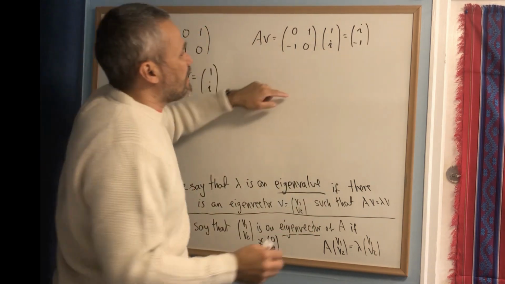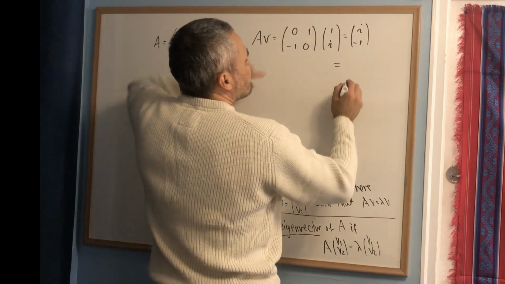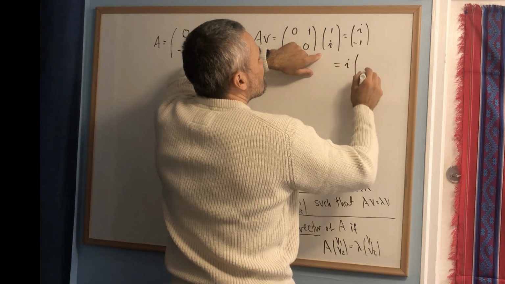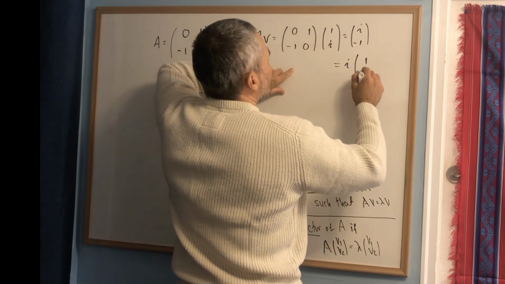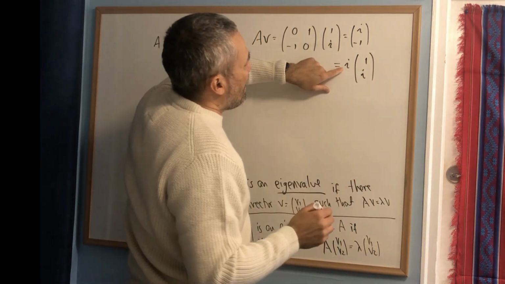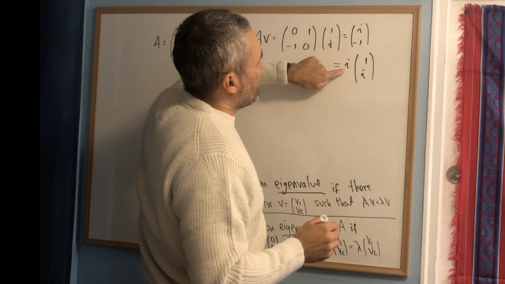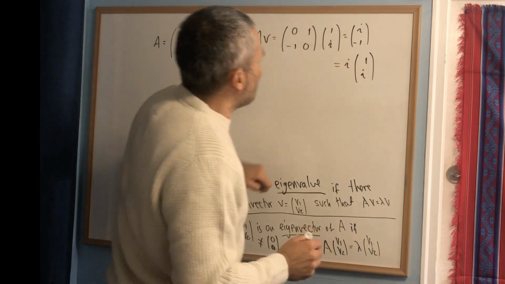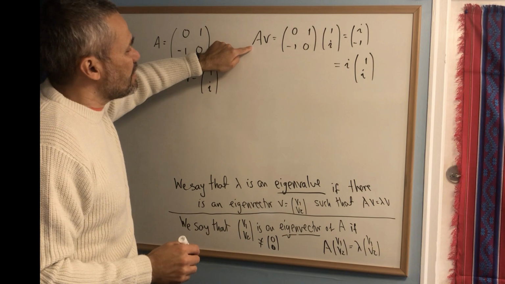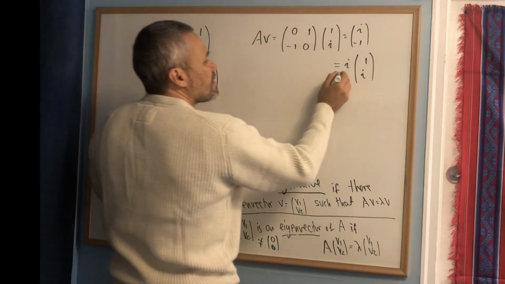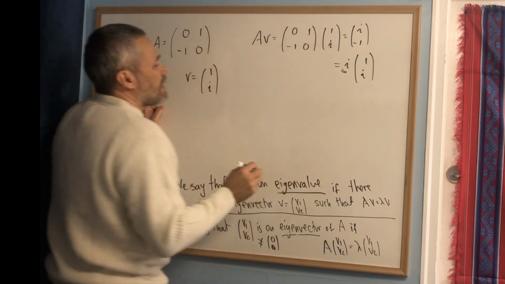But we can check that this vector is just i times 1, i. Notice that i times 1 is i, and i times i is negative 1. That means that this vector is an eigenvector of A, and the eigenvalue would be i.